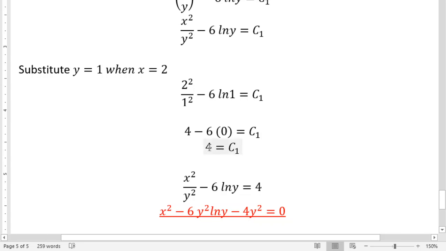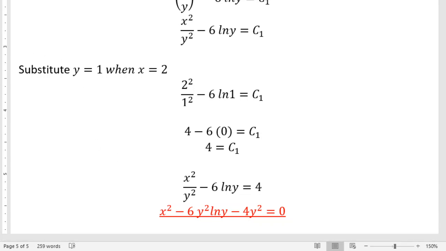And then, substitute back si 4 papunta dito kay c1. X squared over y squared minus 6 ln y is equal to 4. And then multiply both sides by y squared, magiging x squared minus 6y squared ln y minus 4y squared equal to 0, which is the final answer.